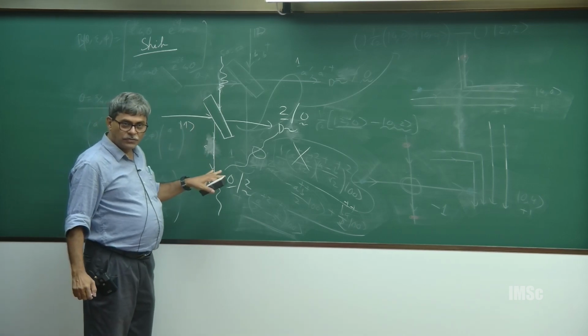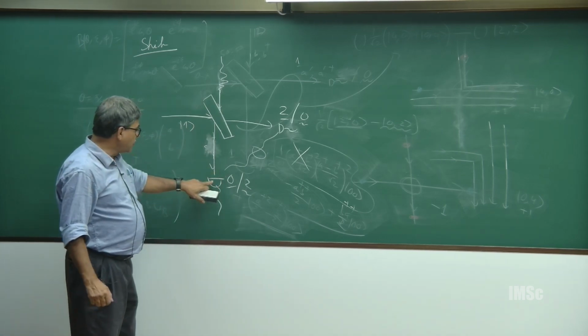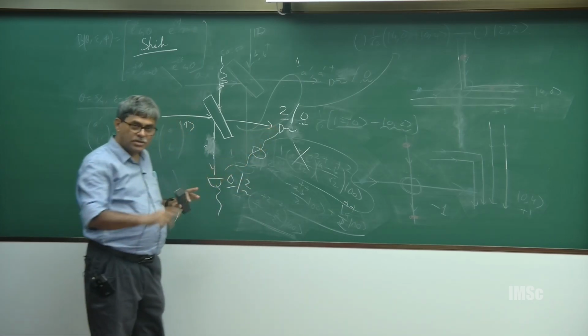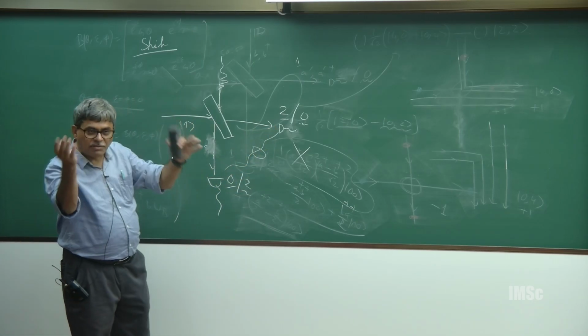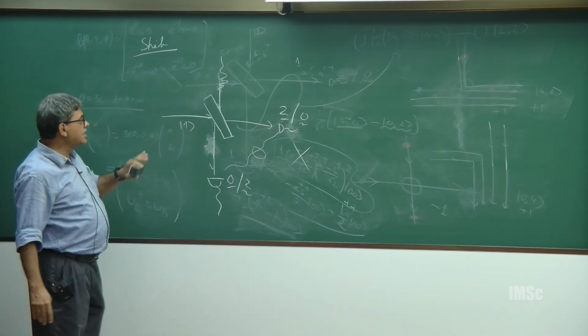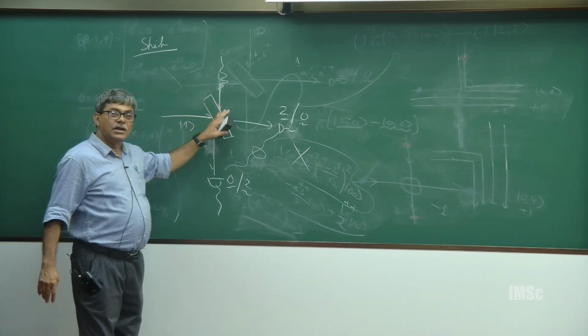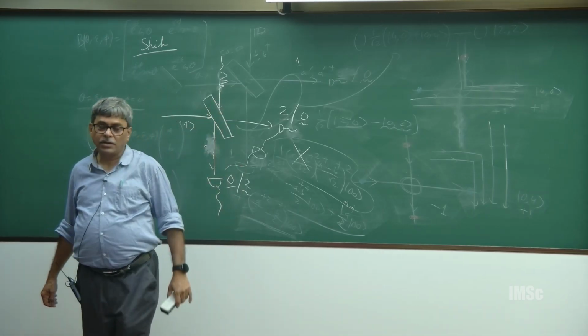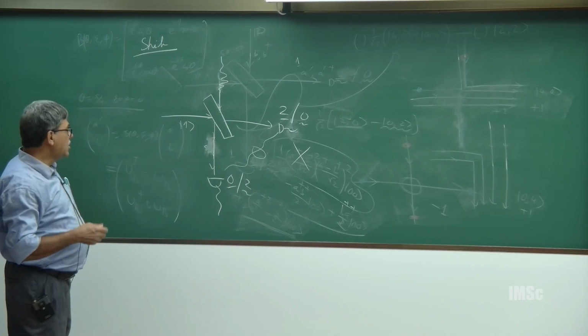So you will also have the case where 1 photon is detected here and 1 photon is detected here. This is possible if you put a delay. How much delay you have to put is a separate issue. Basically, you have to put a delay which is larger than the coherence length of this light.